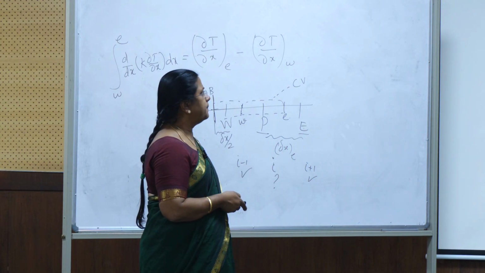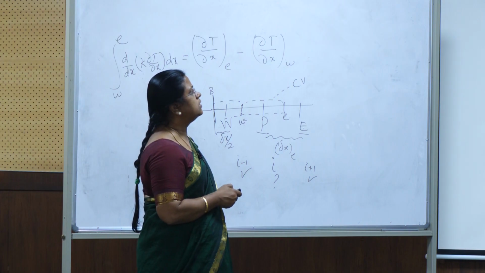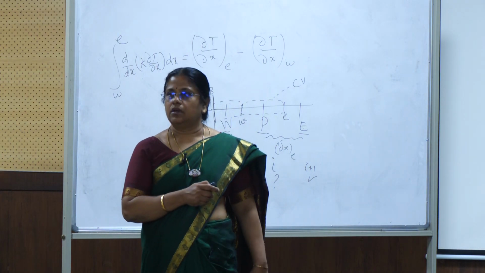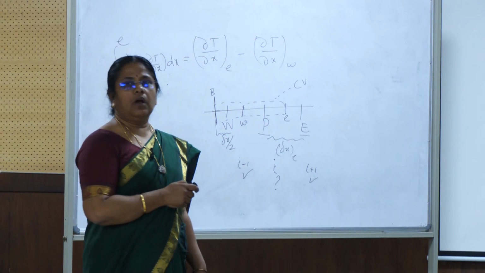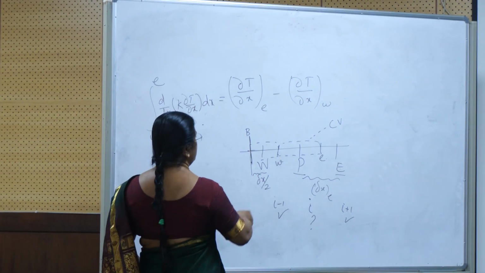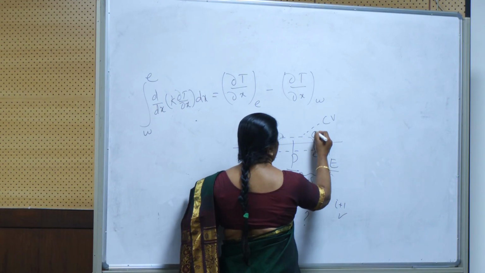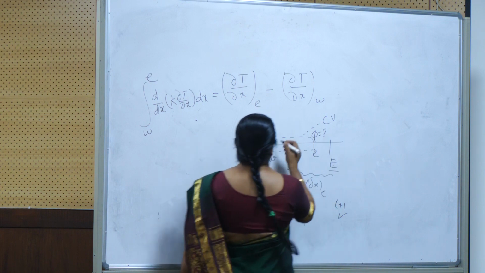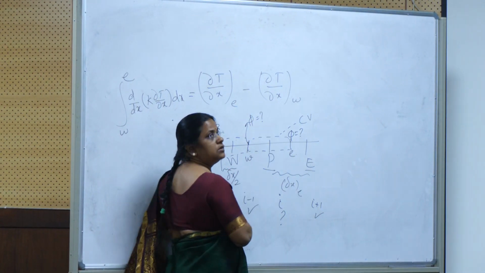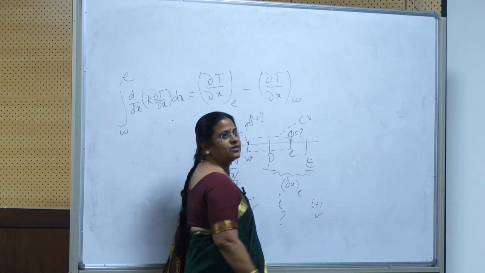Now let us understand the convection term, how it is written. What is our aim? We want to find phi E and phi W over the control volume. So how are we finding phi E and phi W? At this point I want to find the value of phi, and here also at this point I want to find the value of phi. So simply what they are doing is taking the average of these two values.